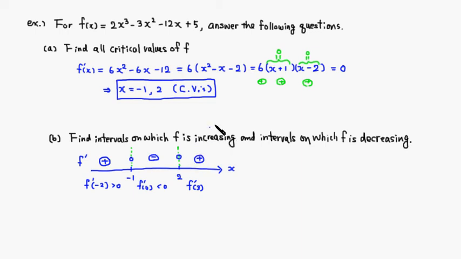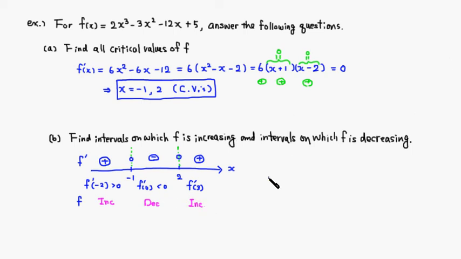When the derivative is positive on an interval, the original function f is increasing. Between negative 1 and 2, since the first derivative is negative, f is decreasing. From 2 to positive infinity, since the derivative is positive, f is increasing.